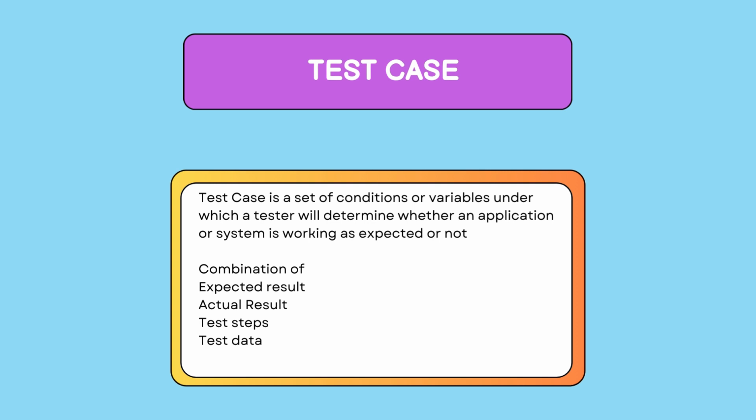So as mentioned, a test case is a set of conditions, and what are those conditions? Those conditions are expected result and actual result. So a test case is a combination of expected result and actual result. Along with that, it also has test result, test data, and the test steps. So the combination of all this is nothing but a test case.